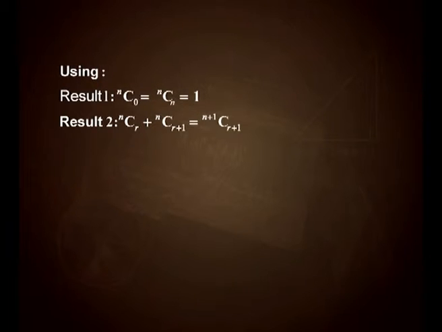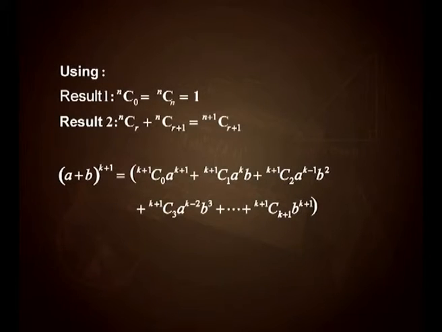Using the second result, kC0 plus kC1 becomes (k plus 1)C1, right? And therefore, our next term as well, wherever I have kC1 plus kC2, the index will shift to k plus 1, and I will pick between the 1 and 2 the higher number 2.